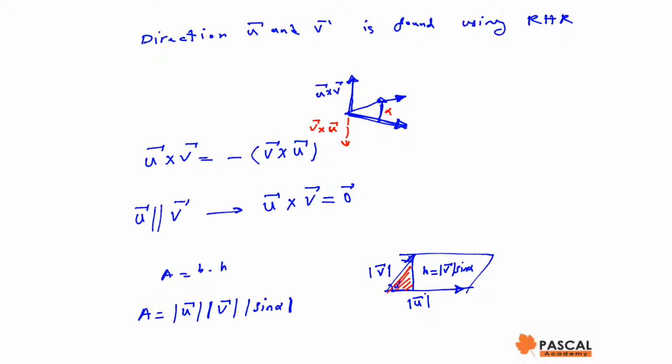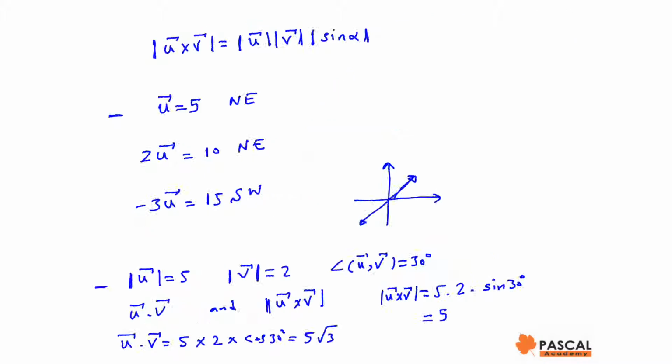Therefore, the area of the parallelogram is size of U, size of V, absolute value of sine of the angle between two vectors. In other words, size of U cross V is size of U, size of V, absolute value of sine of the angle between two vectors.